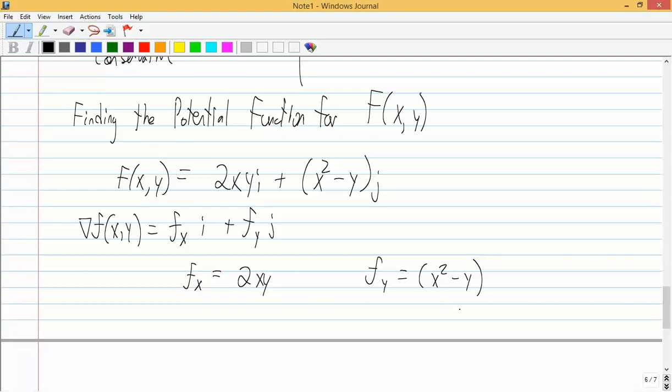Now, I'm going to go through this using the methods that they use, but this is basically the same thing that we did when we were doing separable differential equations. We're going to integrate the m, and that's going to give us a function.